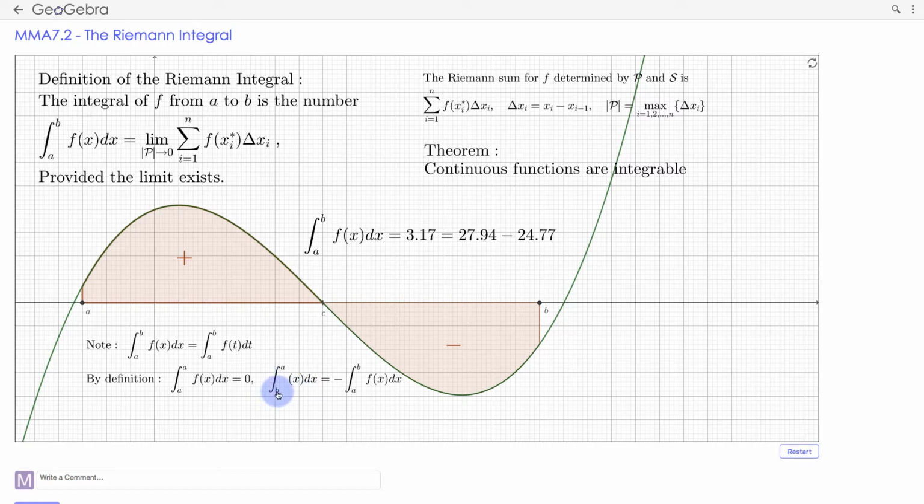And if we integrate from b to a, there's an f missing here, sorry, then we define this to be minus the integral from a to b. The reason why we do this is because then a lot of formal manipulations will turn out to be valid in a large class of cases. So this is the Riemann integral.